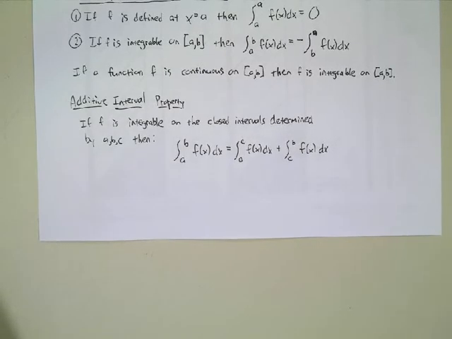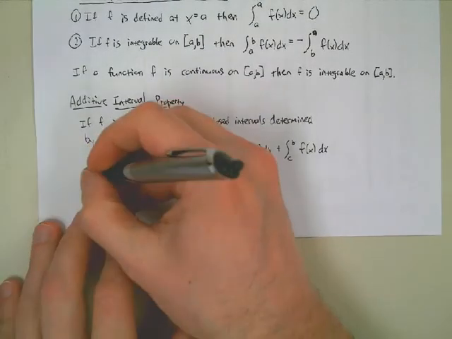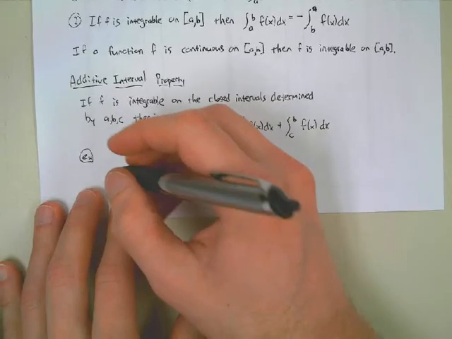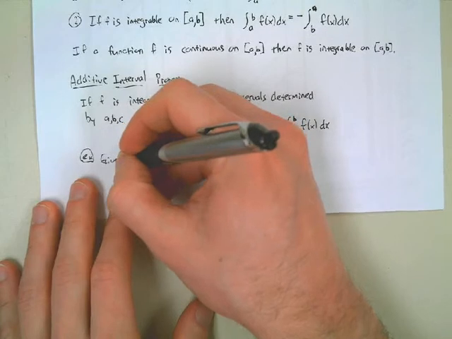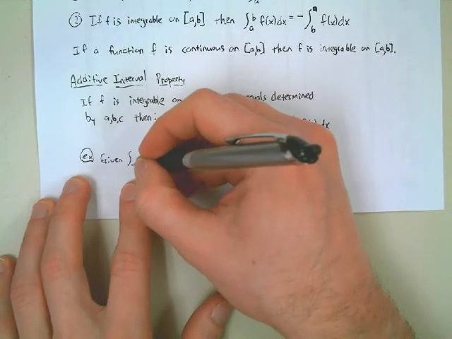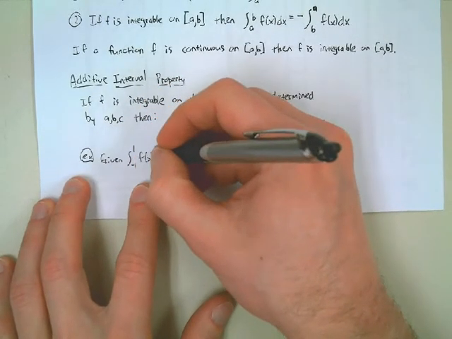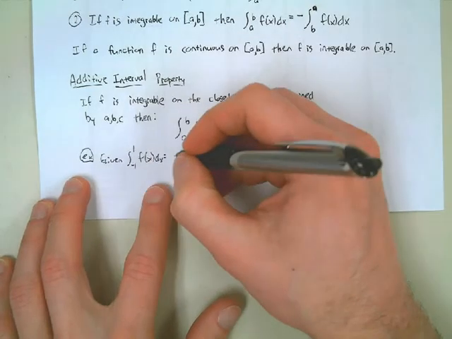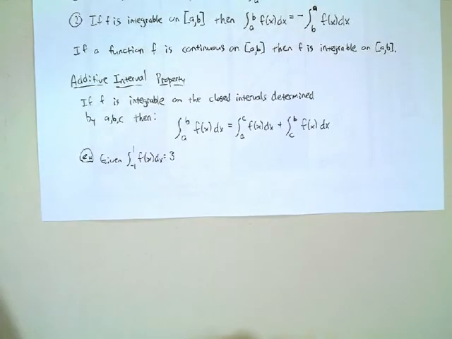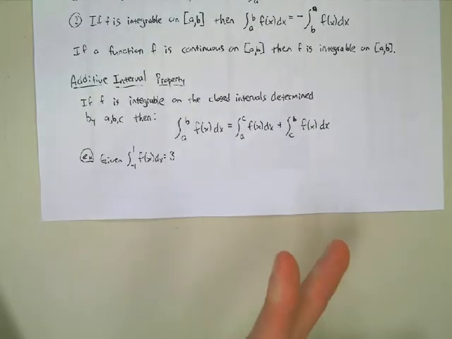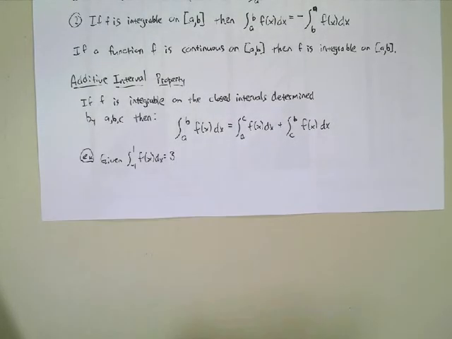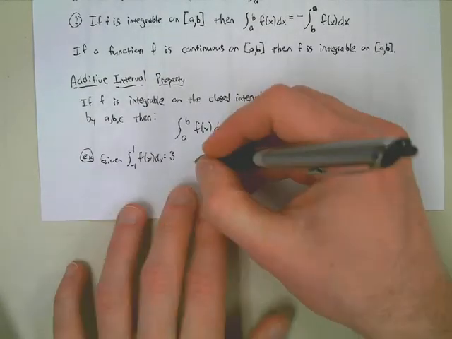Okay, so for example, given the integral from -1 to 1 of f of x is equal to 3, so we don't know what the function is, no idea, but we're told that the value of that definite integral is 3. And we're also told that the integral from 0 to 1 of f of x dx is 5.